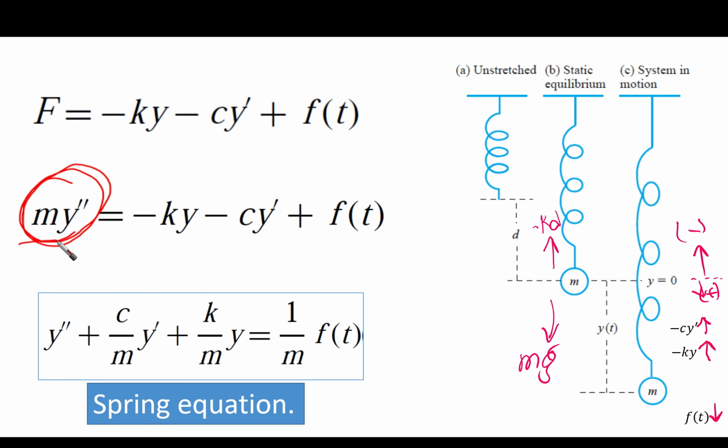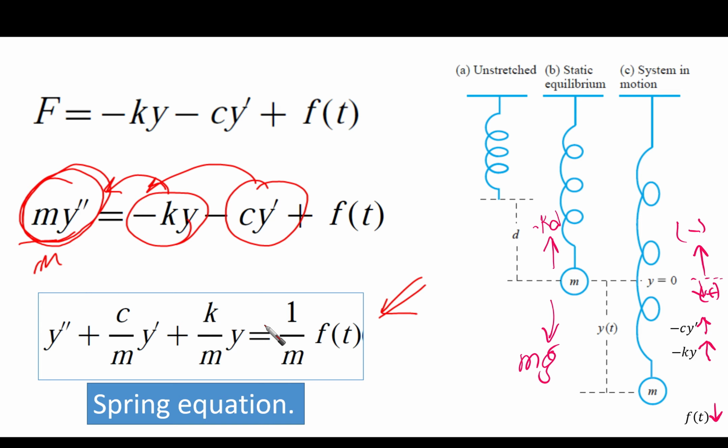We divide the whole equation by m, and put it in this form: y double prime plus c over m y prime plus k over m y equals 1 over m f of t. This is what we call the spring equation.